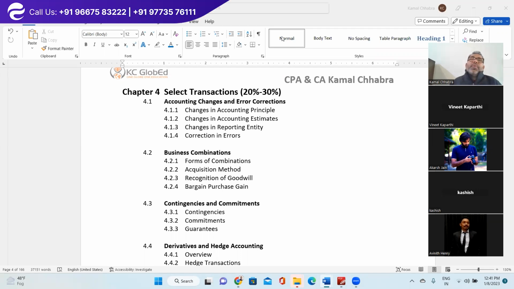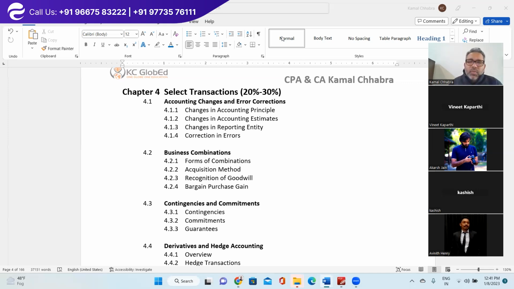So now your provision for doubtful debt has changed from 1% of the receivables to 2%. This is a change in estimate from 1% to 2%, and it needs to be considered prospectively, not retrospectively. You will consider the impact in the current year financial statements, but not in the previous year financial statements or the opening balances.